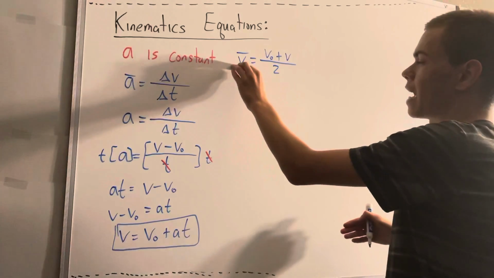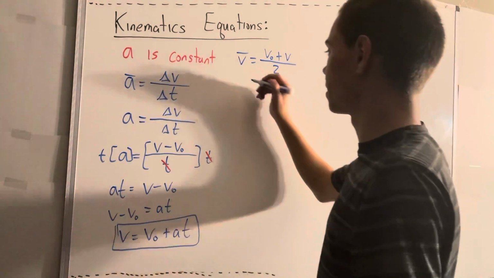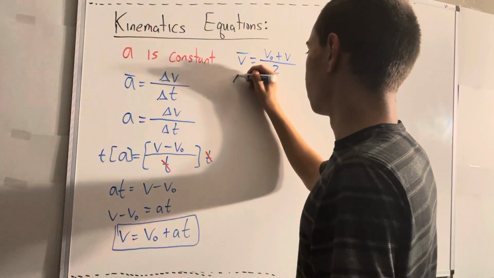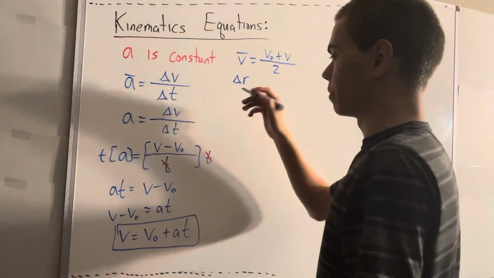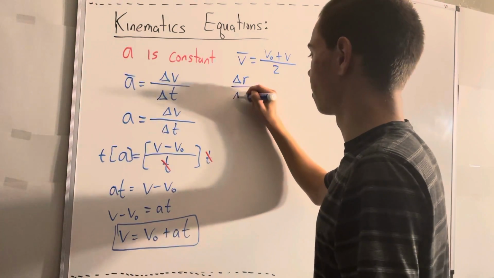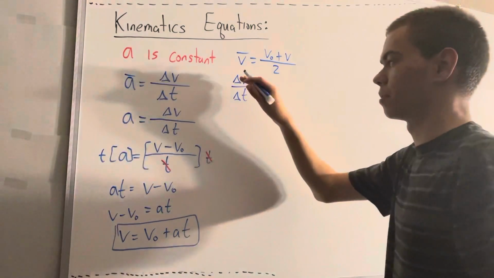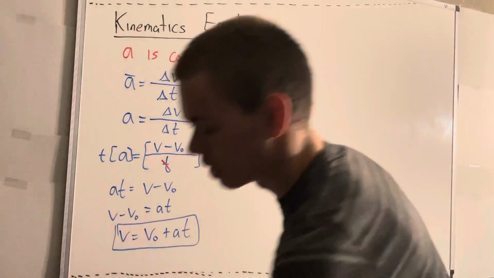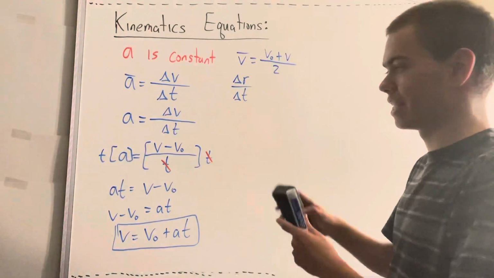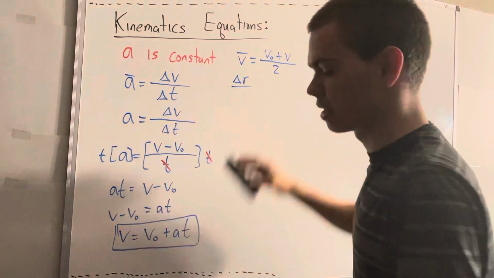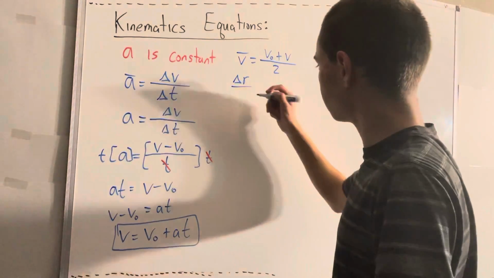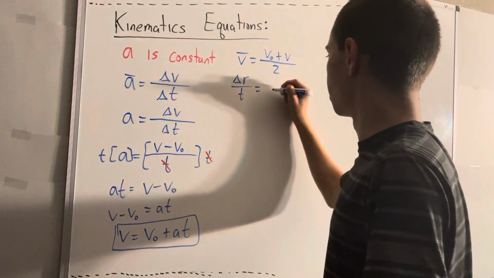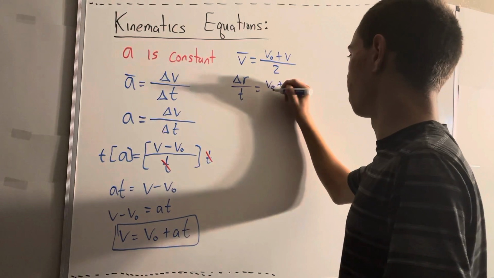And we know that average velocity is just the displacement divided by the change in time. And remember, delta t we like to write just as t. So this is equal to v sub 0 plus v over 2.